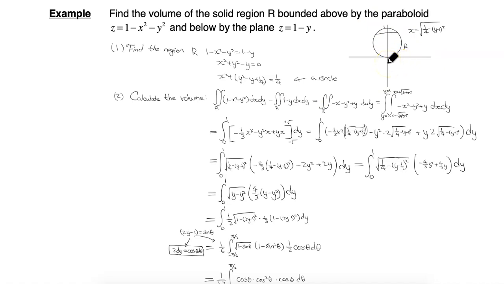Well, if we go in the order dx dy, then we can see from this little sketch that y ranges from 0 to 1. And then if I pick a certain value y along the range of y, then x ranges from negative square root of 1 over 4 minus (y minus 1) squared to positive square root of 1 over 4 minus (y minus 1) squared.